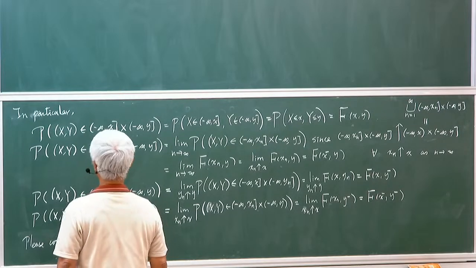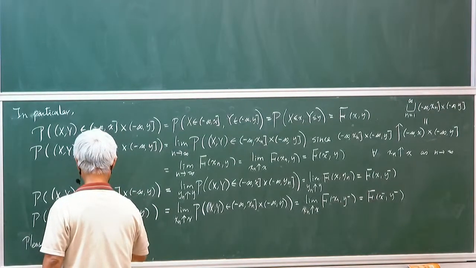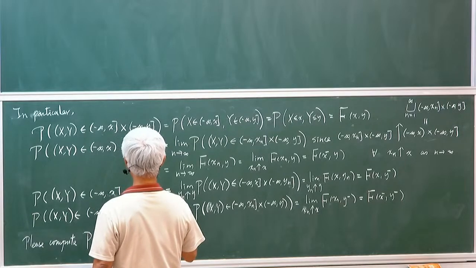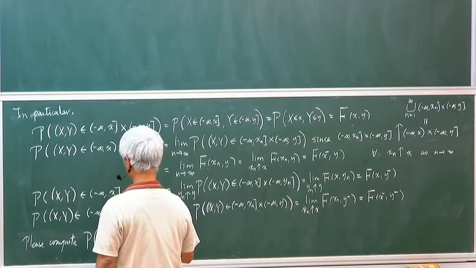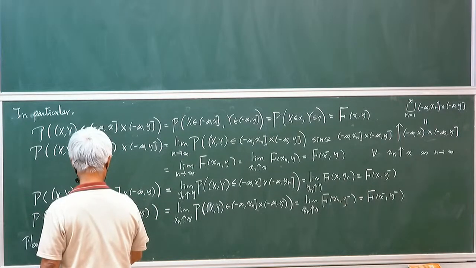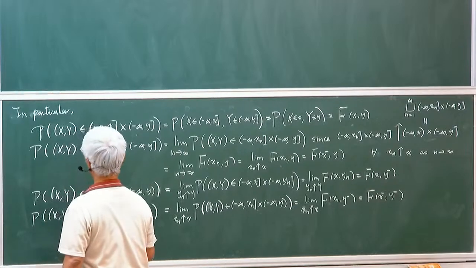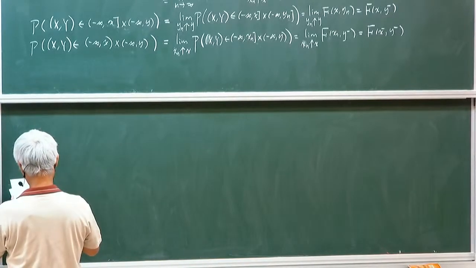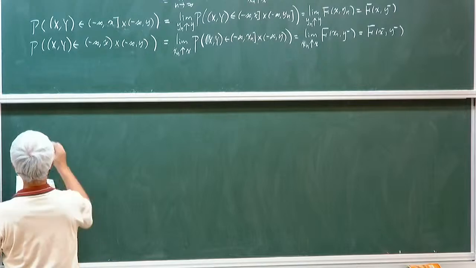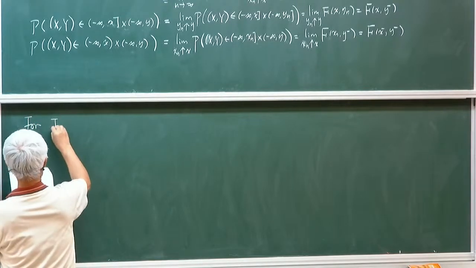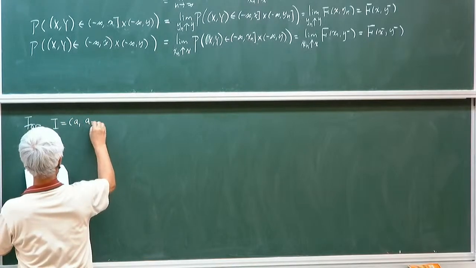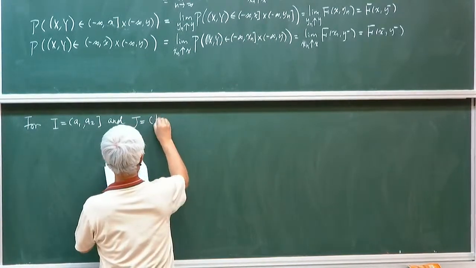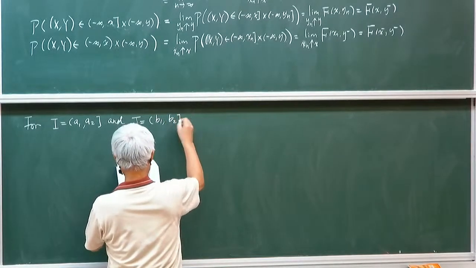Okay, so the other parts, well, maybe I compute the, so maybe I use that, for I equal to A1, A2, and J equal to B1, B2. Okay.